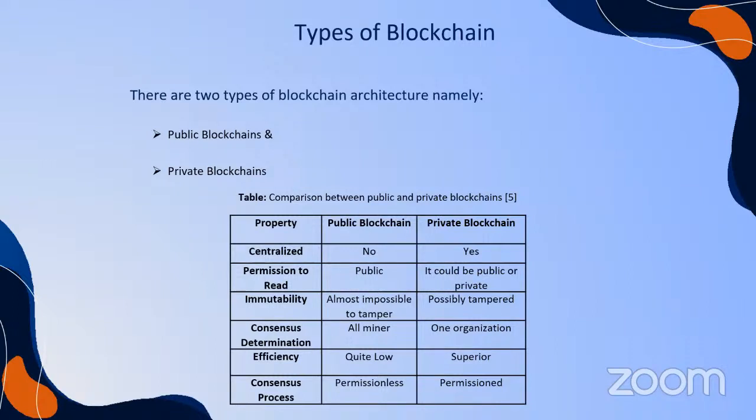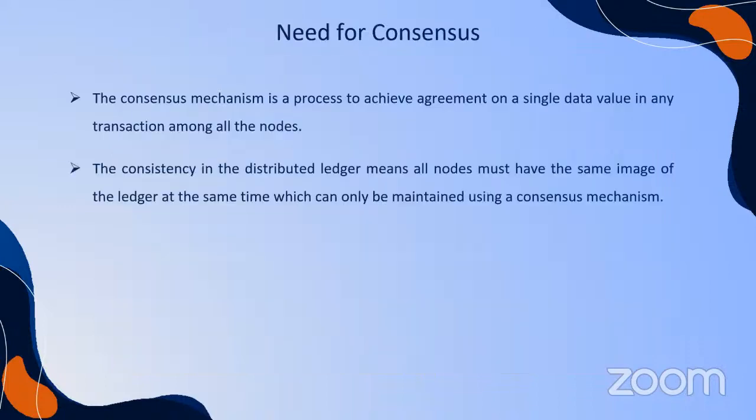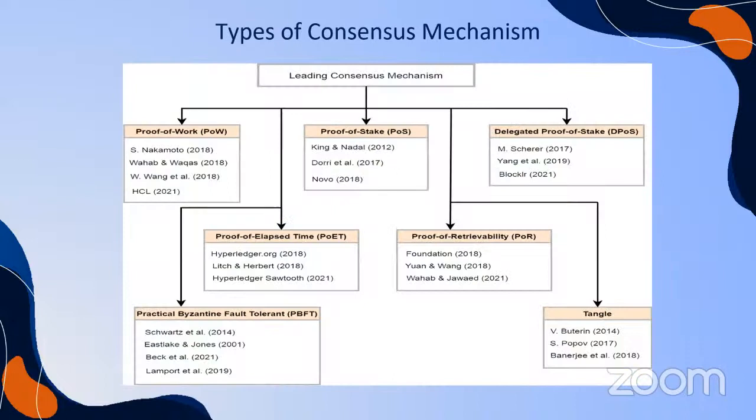So take the flow as you think. First we have discussed the schedule, types of blockchain, then the consensus algorithm, then some platforms of the blockchain. Consensus algorithms like proof of work, proof of stake, delegated proof of stake, proof of elapsed time.